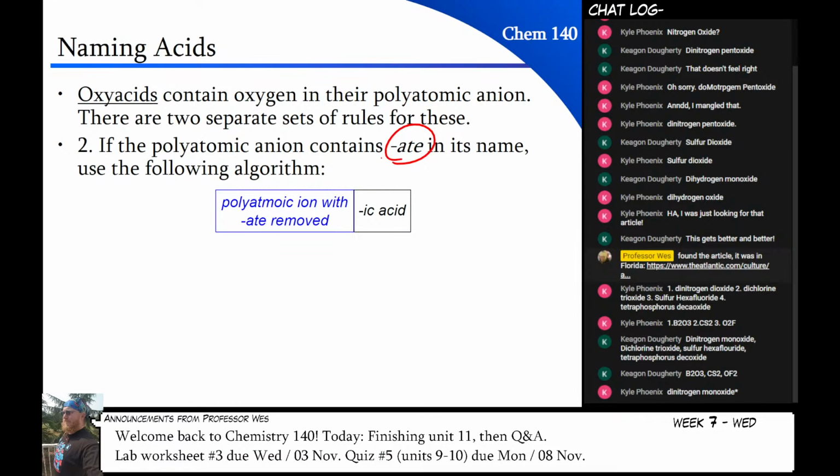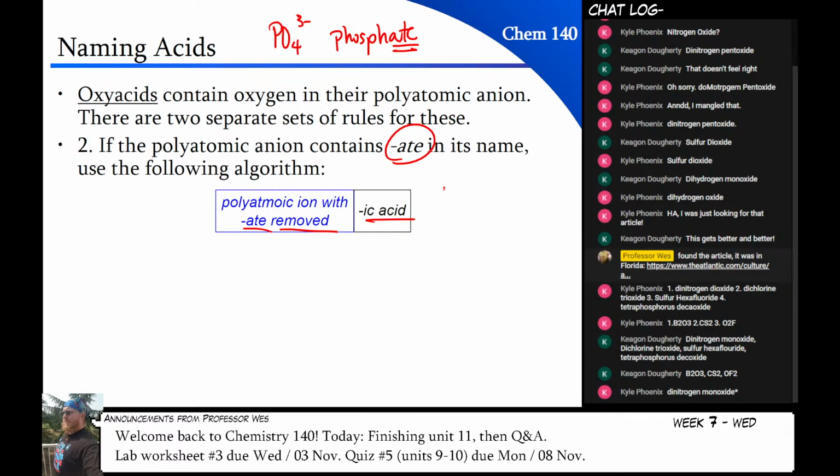If your ion ends in "ate", for example, when we had this earlier, this ends in "ate". What's the naming rule for that? Well, you get rid of "ate", and then you add "ic acid".